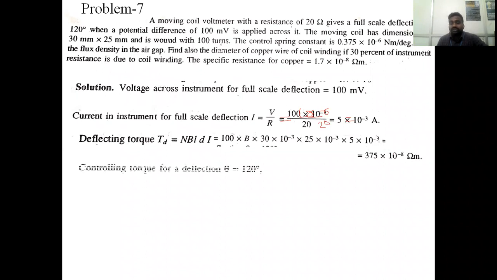The value of deflection torque is around 375 into 10 to the power of minus 8. Most of the people got a similar answer. Right. Newton meter, we have to represent the unit there.